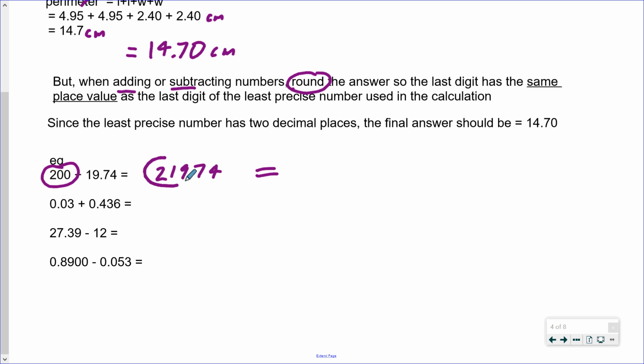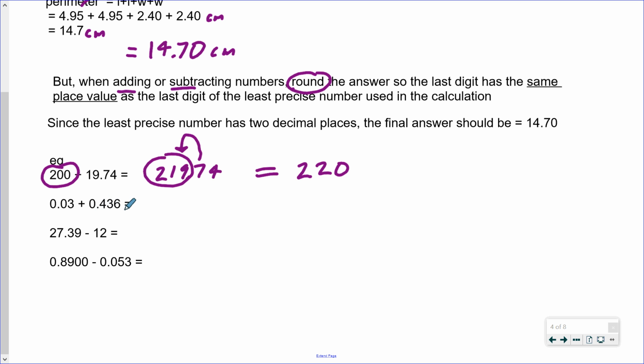So this is what we want, but we need to take a look at the next digit. It's 5 or greater. So rounding says we're going to bump this up. So the correct answer then would be 220. Again, we rounded it to the nearest whole number because that is the least precise number in our original calculation. So what I'll do is I'll circle the ones that are the least precise.